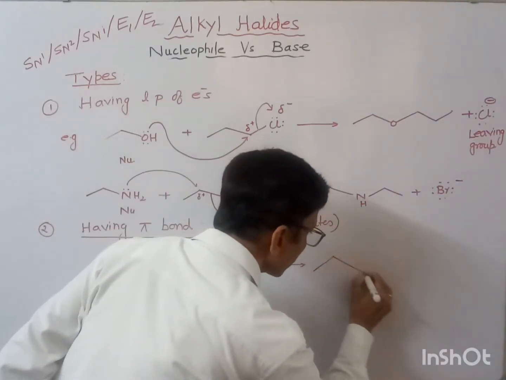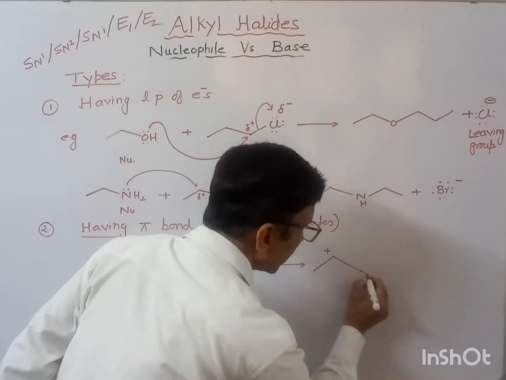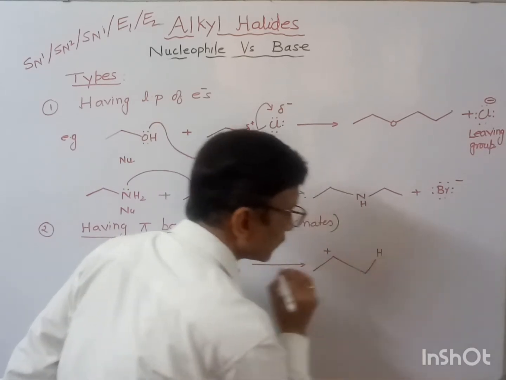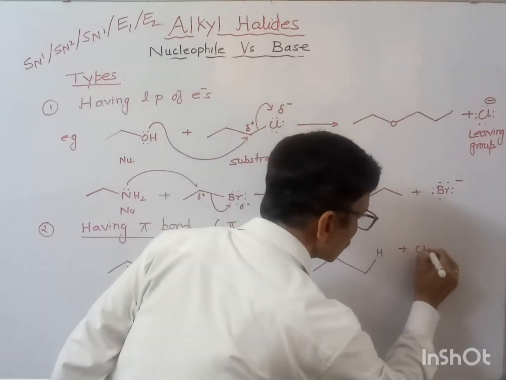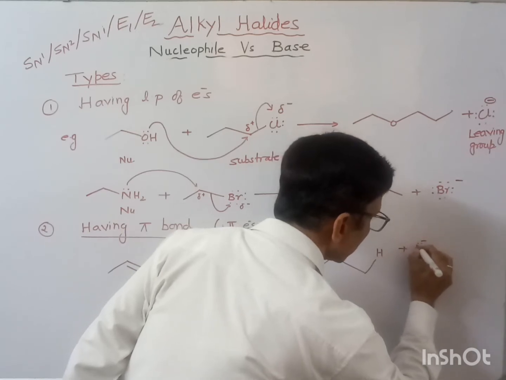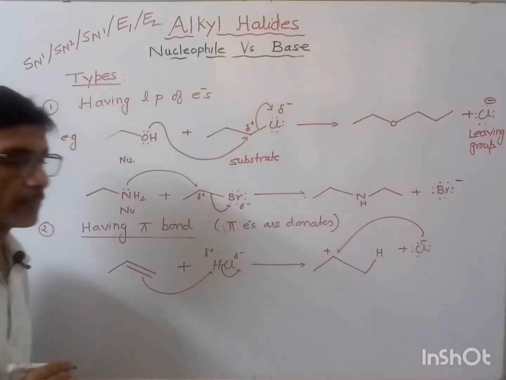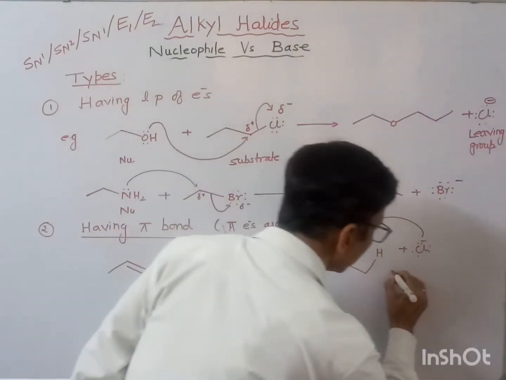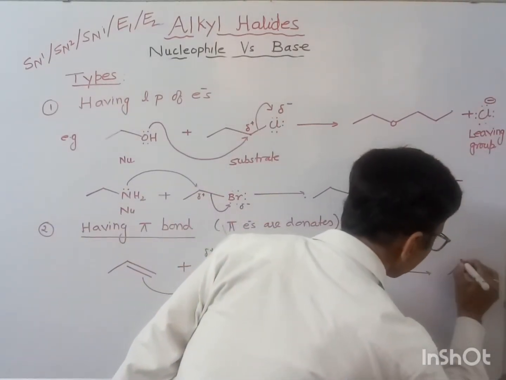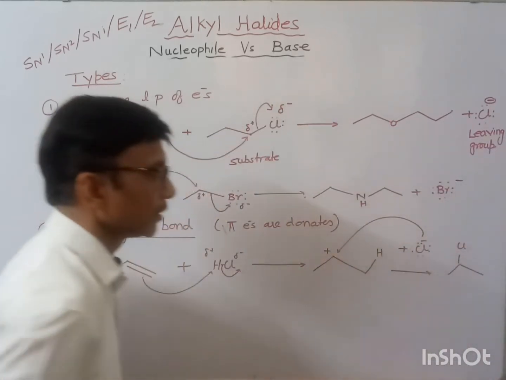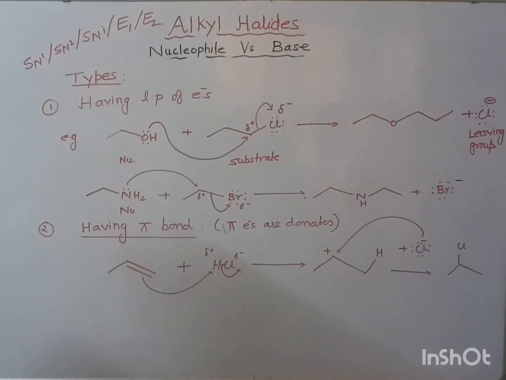So finally the positive charge will come here, one of the hydrogens will come over here, and this chloride ion will come over this positive center, and finally we will get this product, isopropyl chloride. That would be the product.